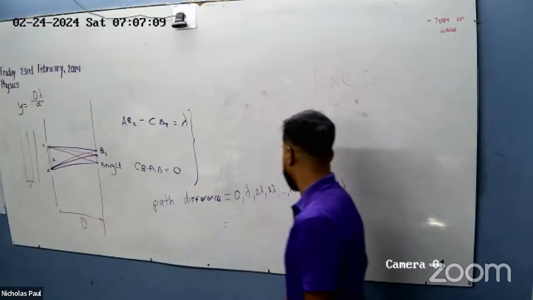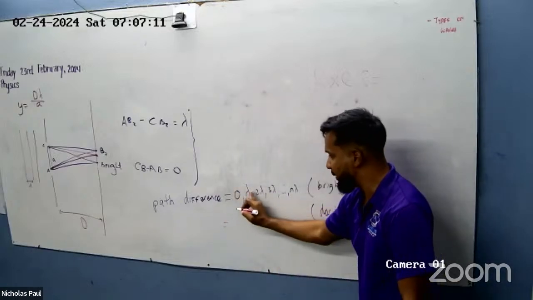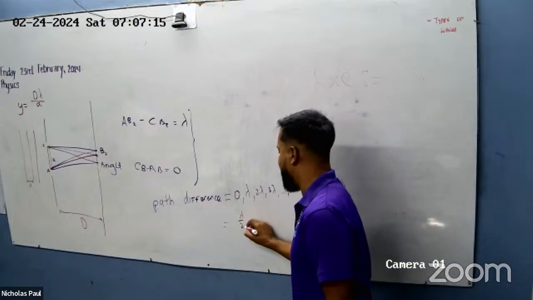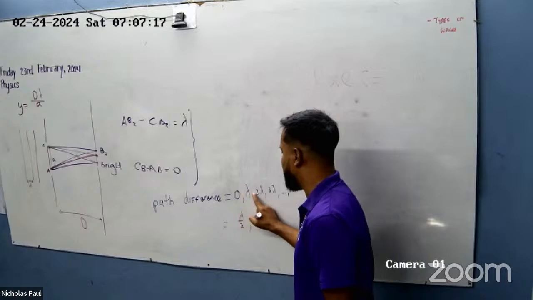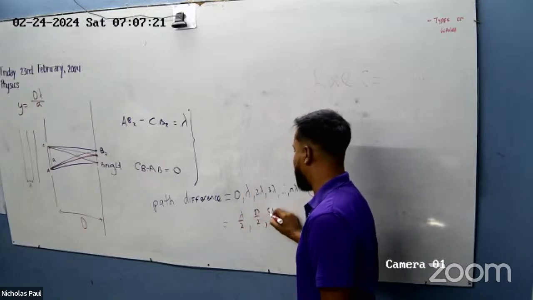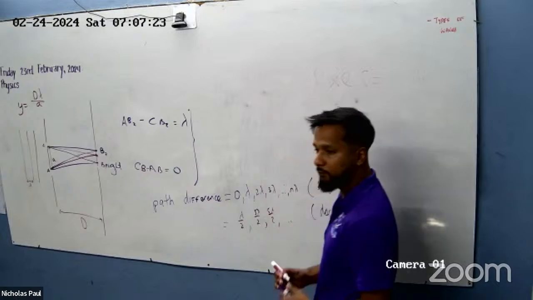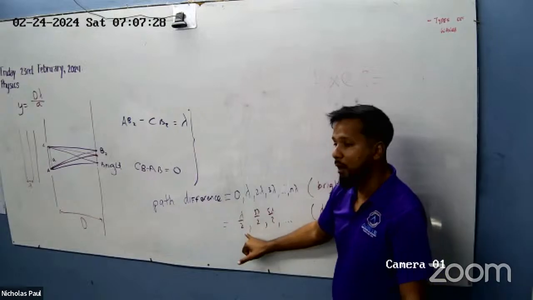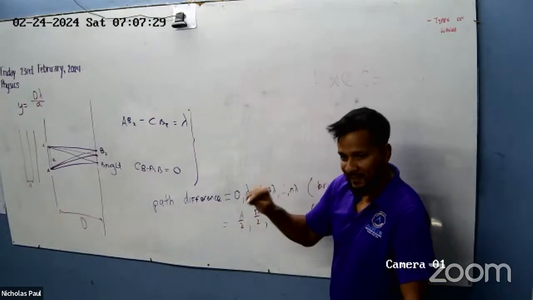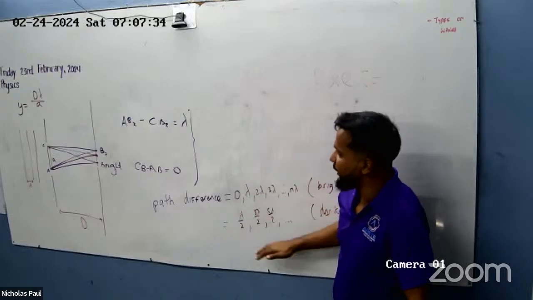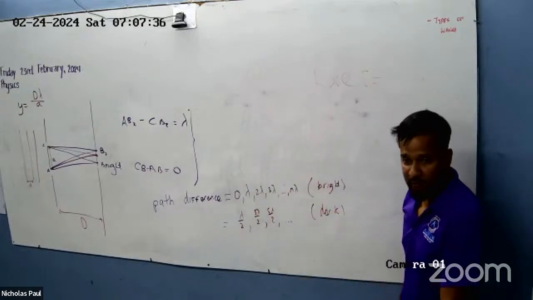Right, in the middle there. So that'll be a half number of wavelengths. So lambda over 2, here will be 3 lambda over 2, then 5 lambda over 2, and so on. Whenever you subtract two paths and you get a half number of wavelengths, you are at a dark. So this is the first bit of knowledge that we need to understand.